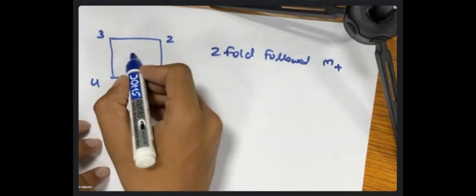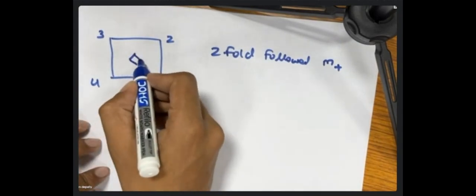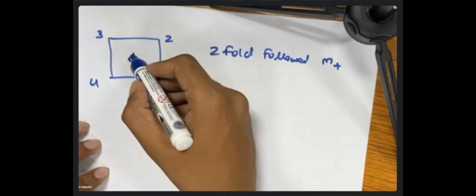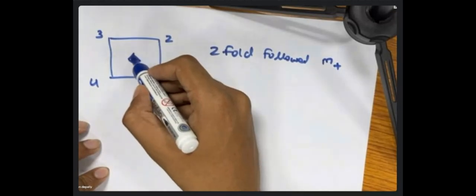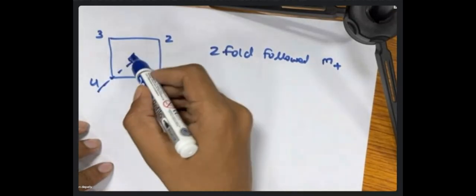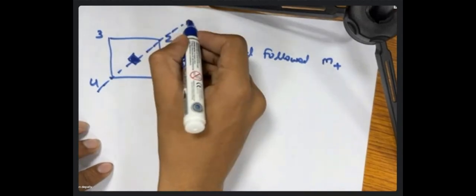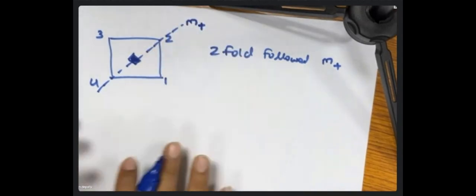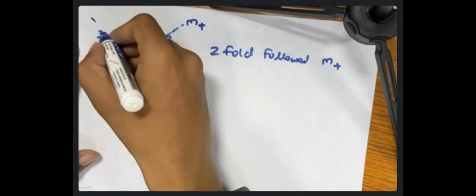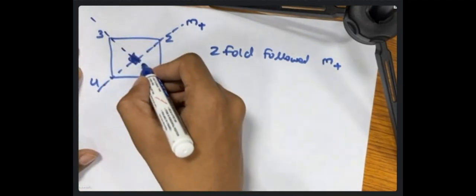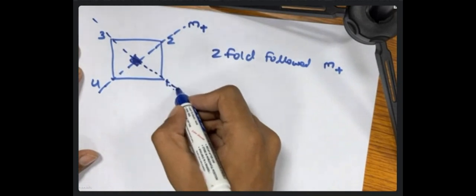So this is our twofold, and this is the m plus. Just for completeness, this is m minus.